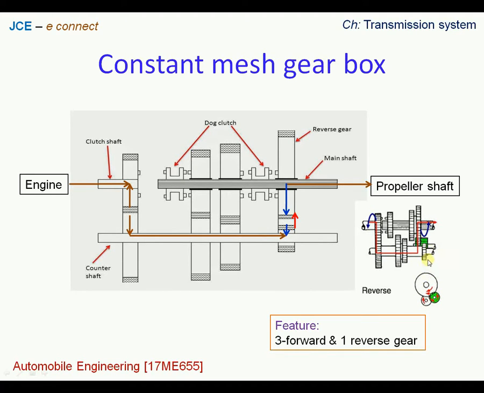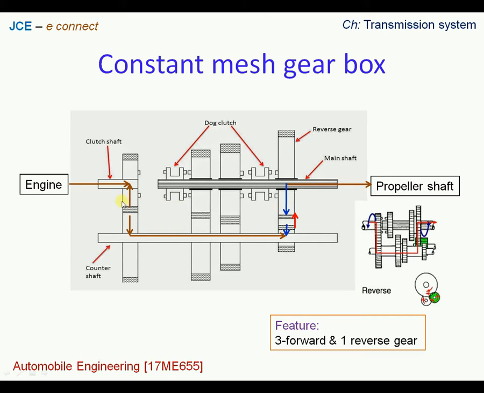But at no point is gear number 1 on the lay shaft in direct contact with the reverse gear. So we see the difference here. And because of the presence of the idler gear, the direction will be reversed.